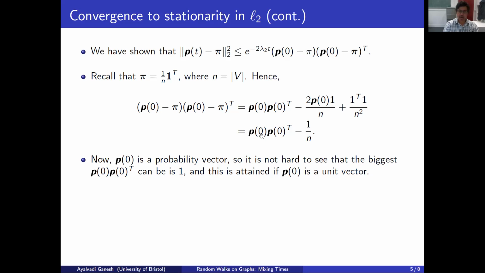And that's achieved by making just a single one of these entries 1, whose square is 1, and everything else gives 0. If you spread out the 1, you get something strictly smaller. Okay, so the biggest this can be is 1, and that's attained if P naught is a unit vector, if you have a deterministic initial condition starting at one single state.